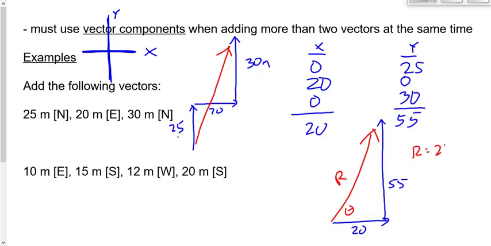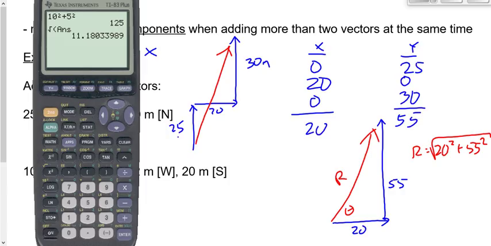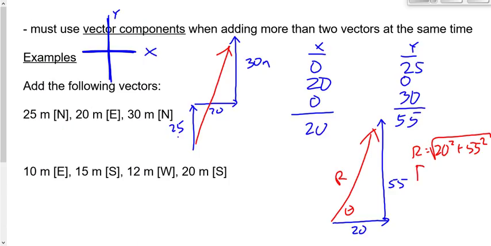R is equal to the square root of 20 squared plus 55 squared. Put that on our calculator just to make sure you can do it. Inside the brackets first, square root that. 58.5, or 59 meters.